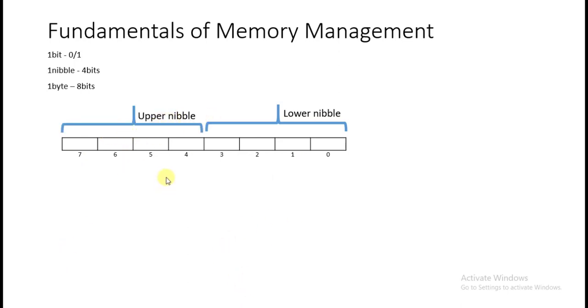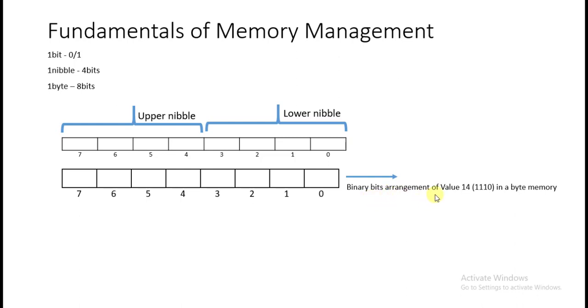Now let us see few examples how the data will be stored in a byte. For example, if I want to store a decimal value 14, the binary value of 14 is 1110. As of now, we can use calculator to convert decimal value to any other numbering system, to binary or octal.